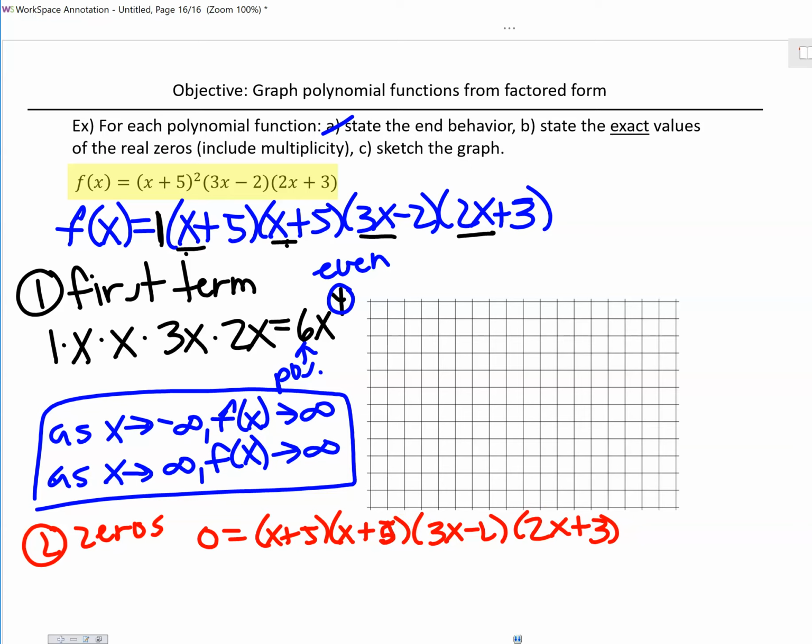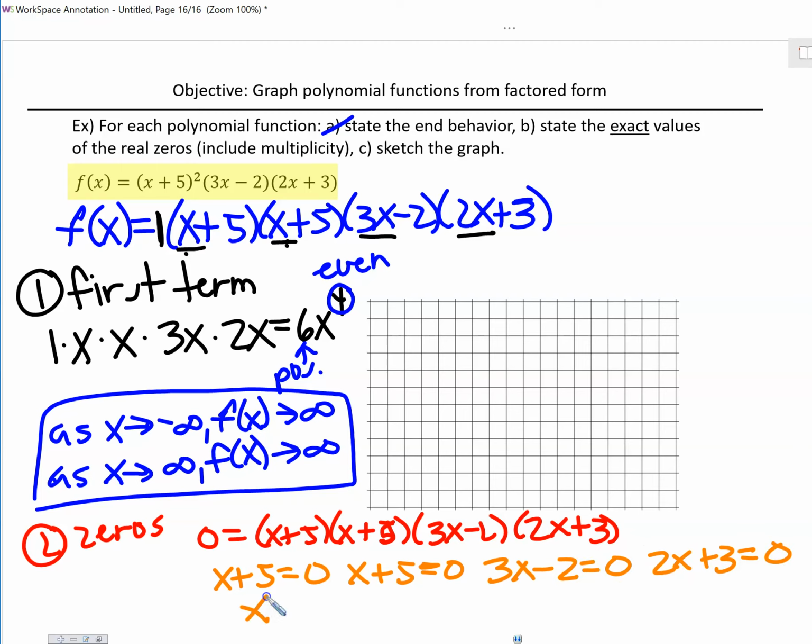And then our zero product property says either x plus 5 equals 0 or x plus 5 equals 0 again, or 3x minus 2 equals 0, or 2x plus 3 equals 0.